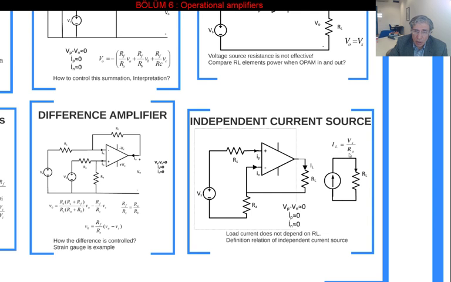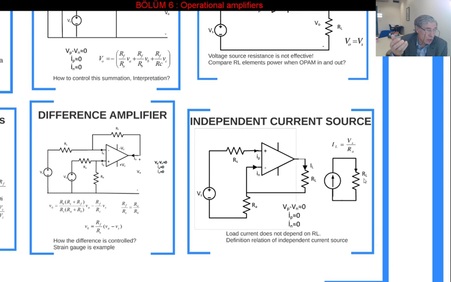The result is this: IL current does not depend on the RL resistor. Means whichever resistor you connect, this part, represented by the dotted circuit here, is an independent current source, of which the current is this, and this current is independent from this load resistor.